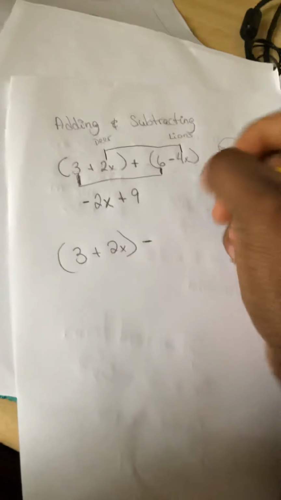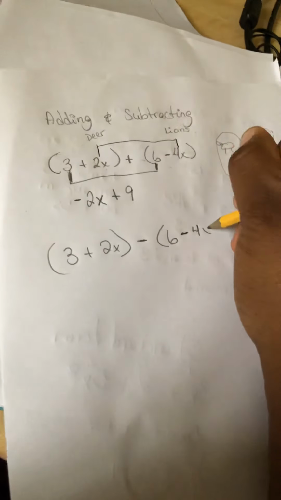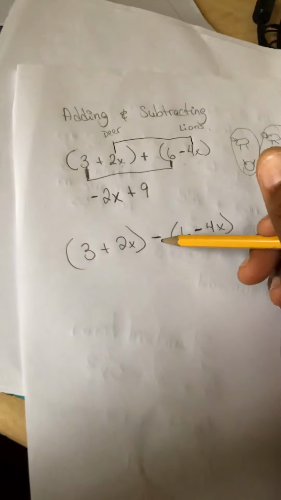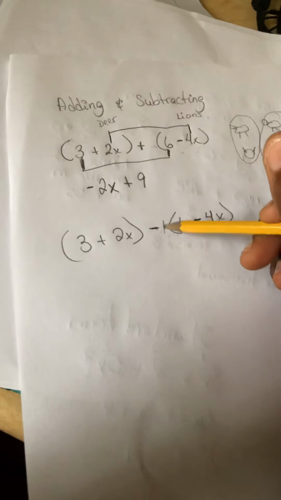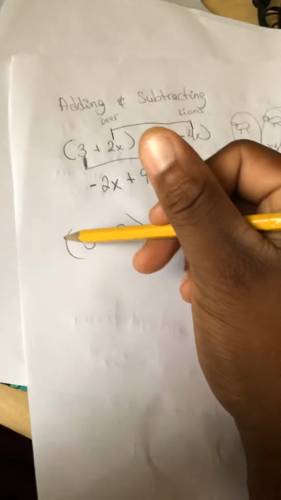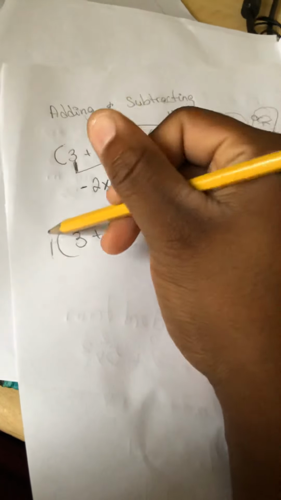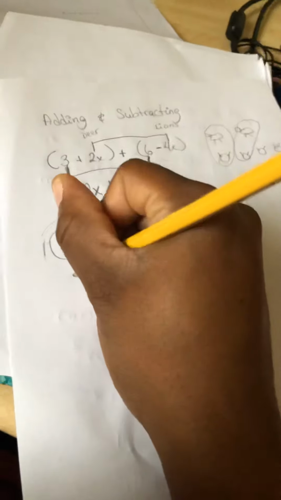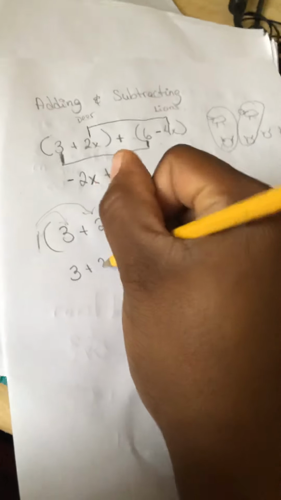Now let's go back and I'll use the same example. I still have 3 plus 2x, but this time I have minus 6 minus 4x in parentheses. This negative is a -1, and there's also a 1 in front of the first parentheses. When I distribute 1 to everything in the parentheses, nothing changes. 1 times 3 is 3, and 1 times 2x is still 2x.